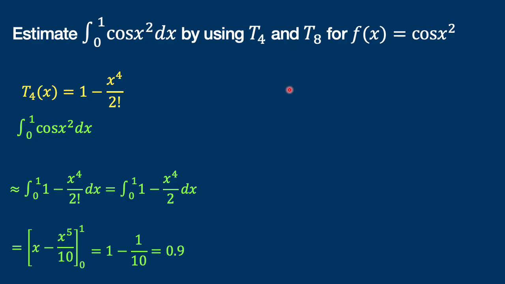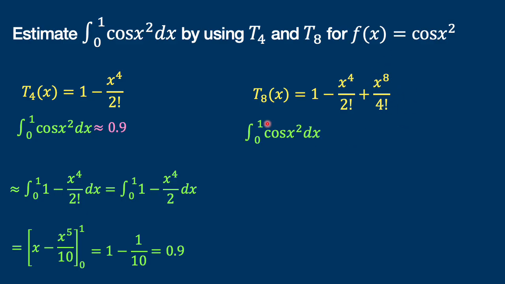Now we're going to use the degree 8 Maclaurin polynomial. T8 is 1 minus x to the 4th over 2 factorial plus x to the 8th over 4 factorial.